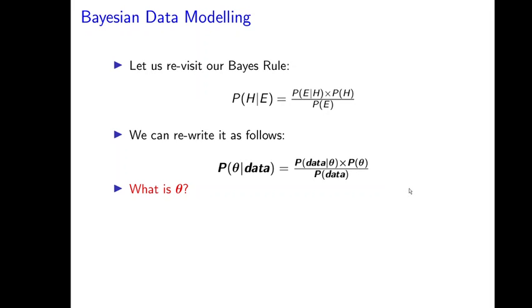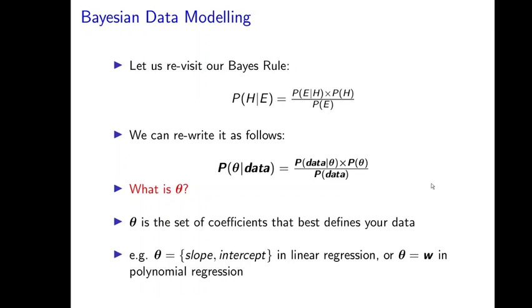So what is theta? We can understand theta as the parameter that defines the function we are looking for, which best describes our data. You may think of theta as the set of coefficients that defines this function.